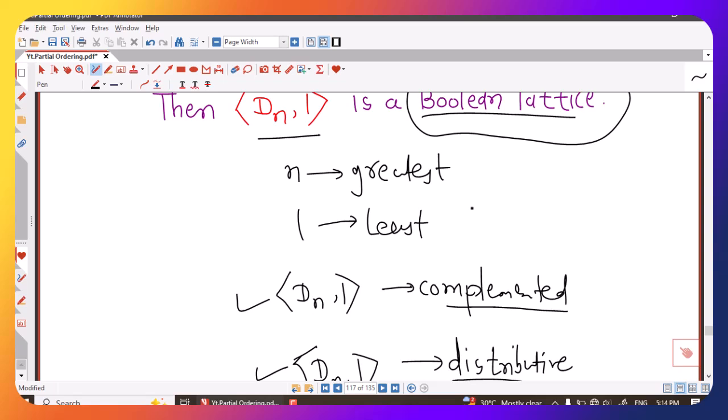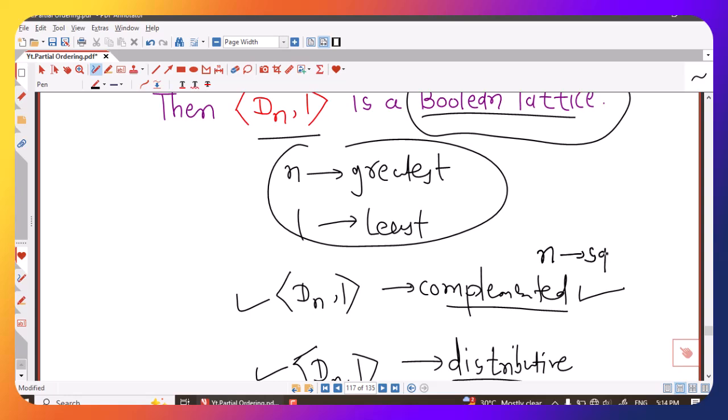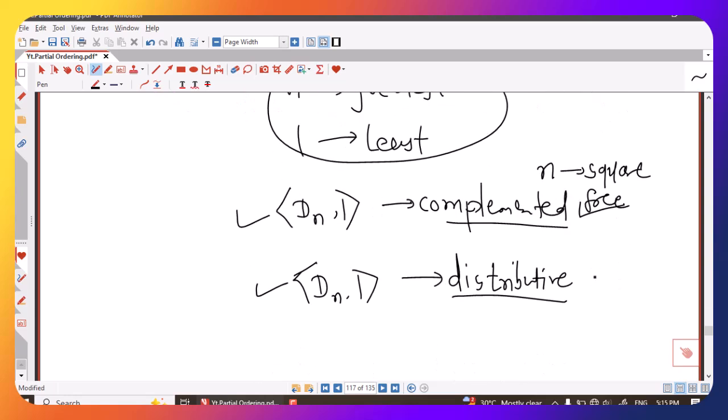You have to show that Dn is a bounded lattice. You have to also prove that Dn with divides relation is a complemented lattice if n is a square free integer, and you have to also show that Dn with divides relation is a distributive lattice.